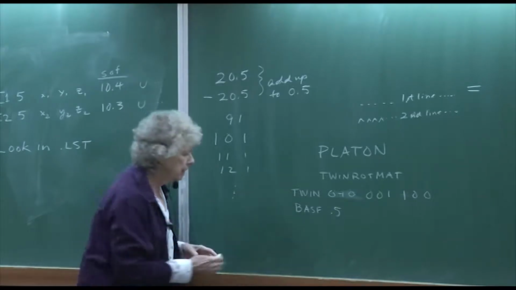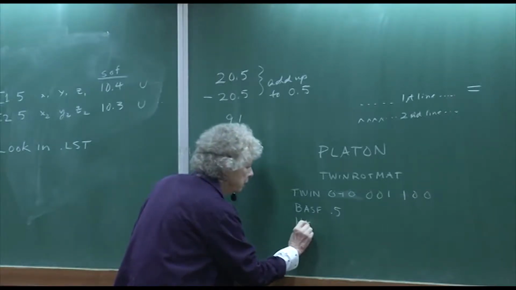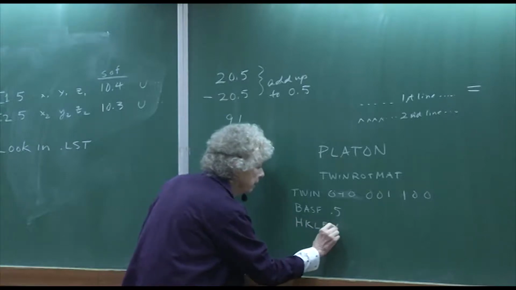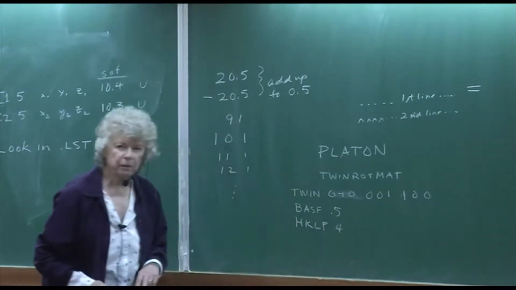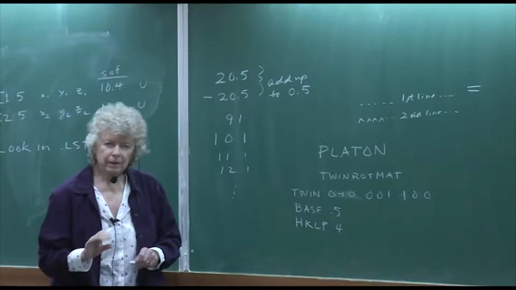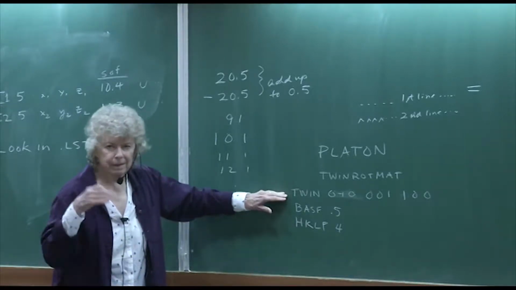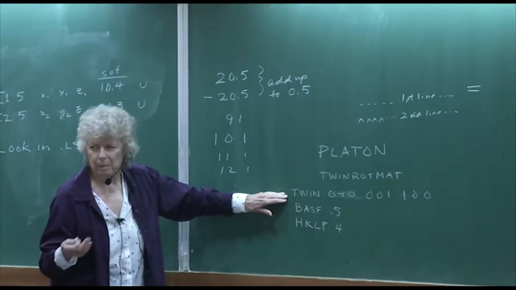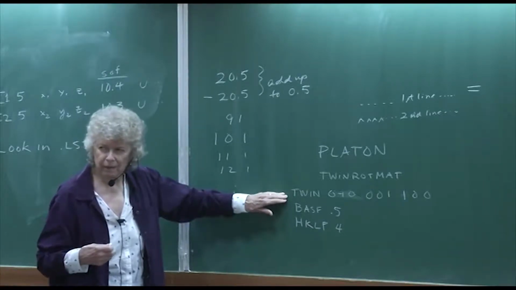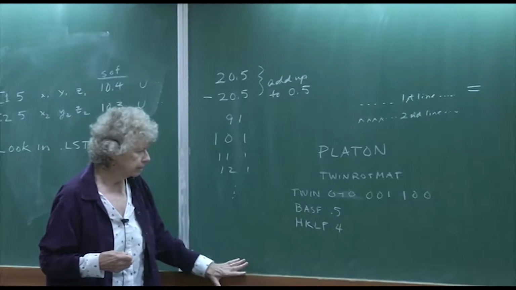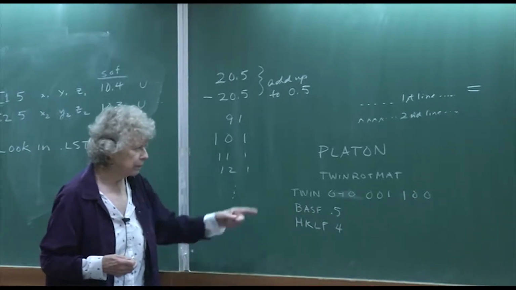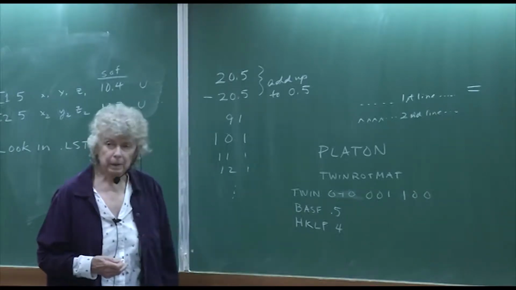That may be all you need to do to really improve your R value. So this is with an HKLF4. If you use HKLF5, you don't need to put this line in because it's already taken care of with the batch file, HKLF5 file. Forgot to mention that. This also works very well sometimes.